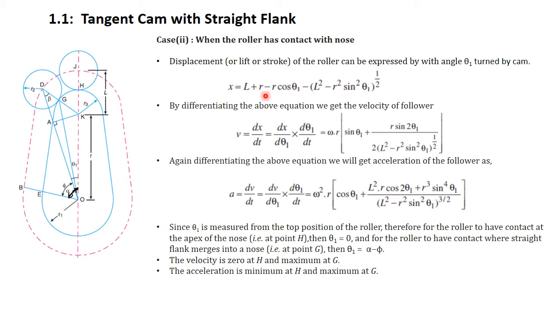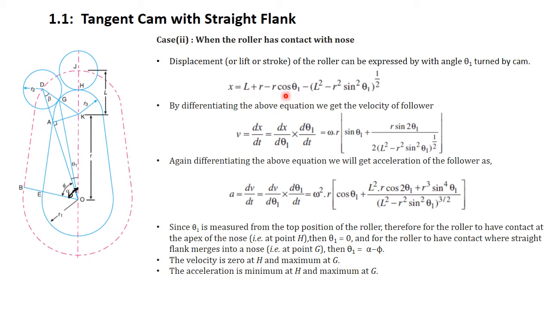So it is taken as minus R cos theta 1 minus (L square minus R square sin square theta 1) raised to power 1 by 2, that is the square root of L square minus R square sin square theta 1. Okay. So in this way, the displacement of the follower is computed through this equation in terms of theta 1.